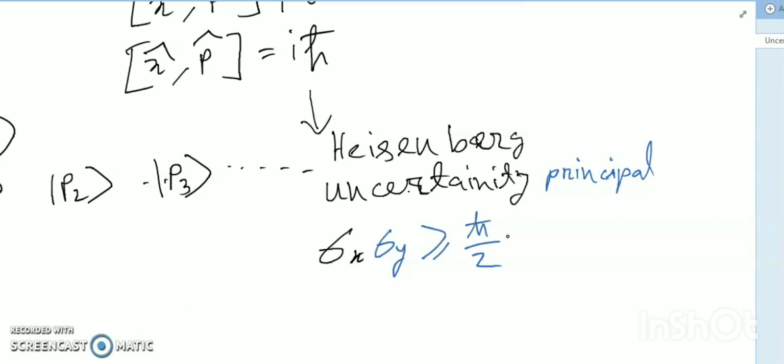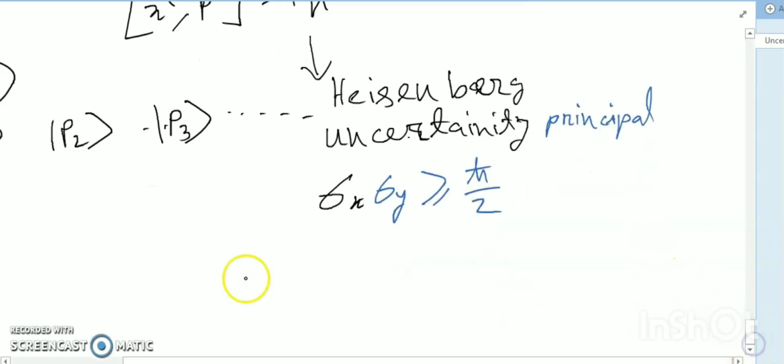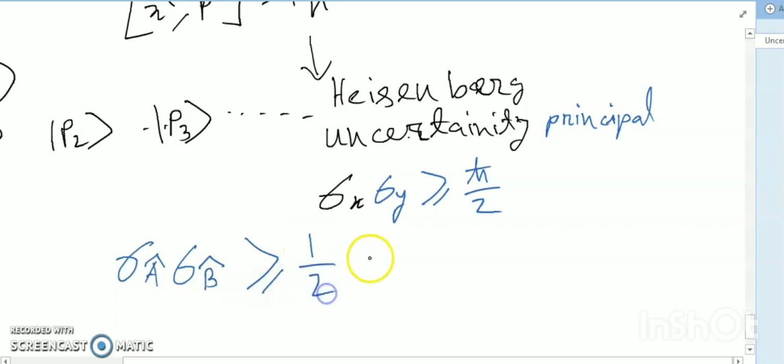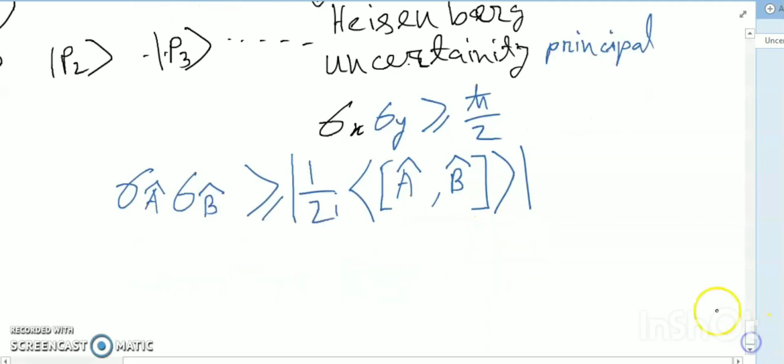Generalized uncertainty principle. Now I write the generalized uncertainty principle: sigma a times sigma b is greater than or equal to 1 over 2i times the inner product of the commutator of a and b.